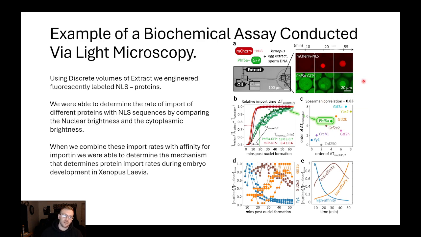We can then take those import rates and compare them back to the observed mass spec binding affinity that was determined for each one of these proteins, and the end-all be-all of this is that we were able to determine that the affinity that a protein has to bind to the carrier molecule, which in this case is importin, is what determines the import timing of a protein during embryogenesis.